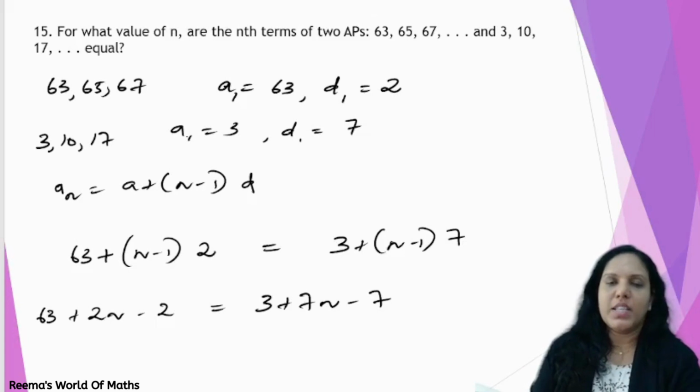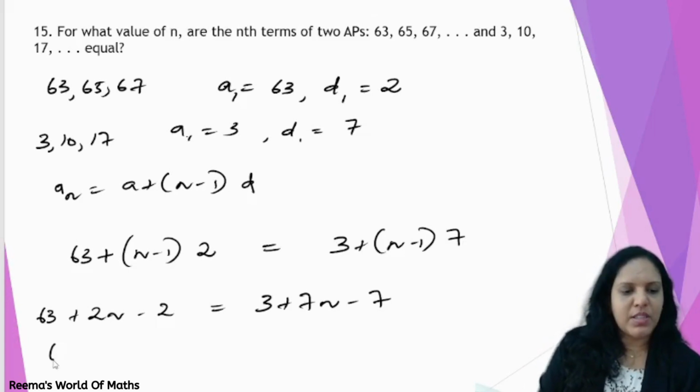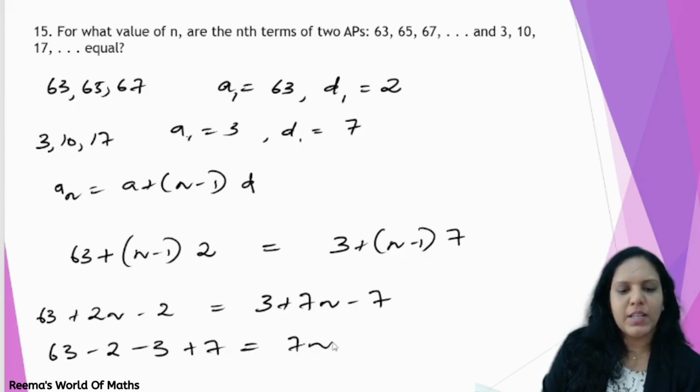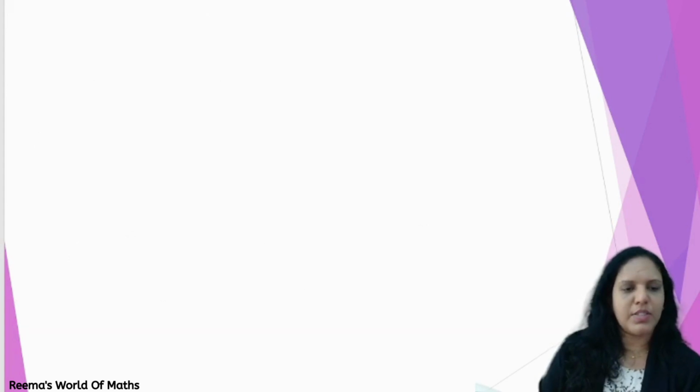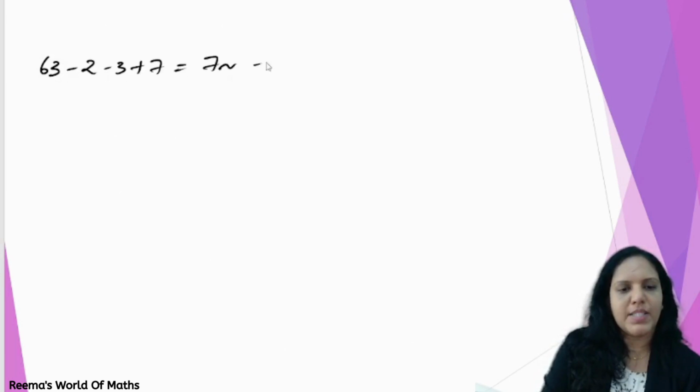Bringing the numbers to one side, 63 minus 2 minus 3 plus 7 equals 7n minus 2n.